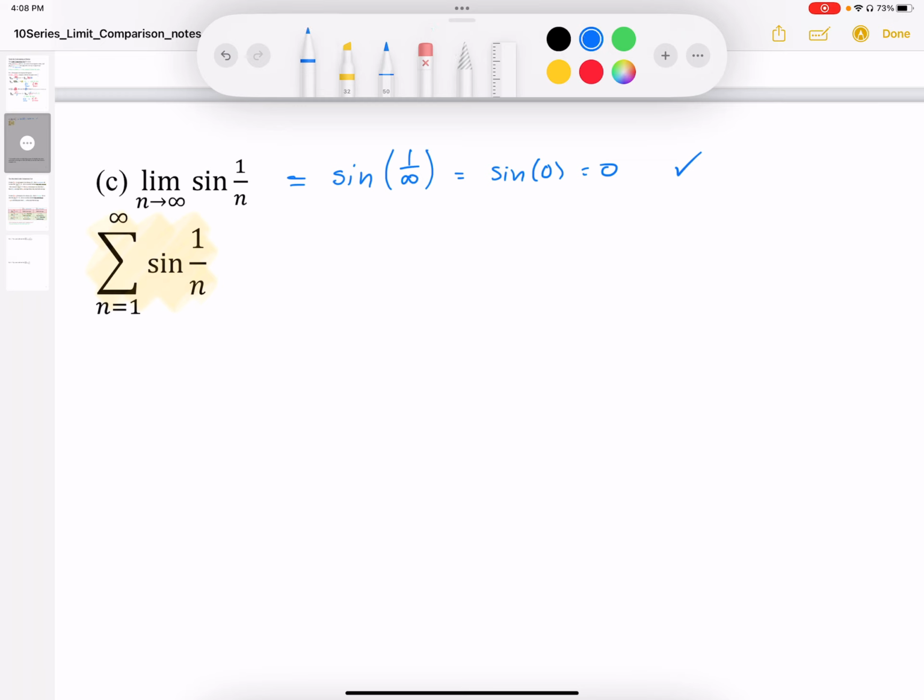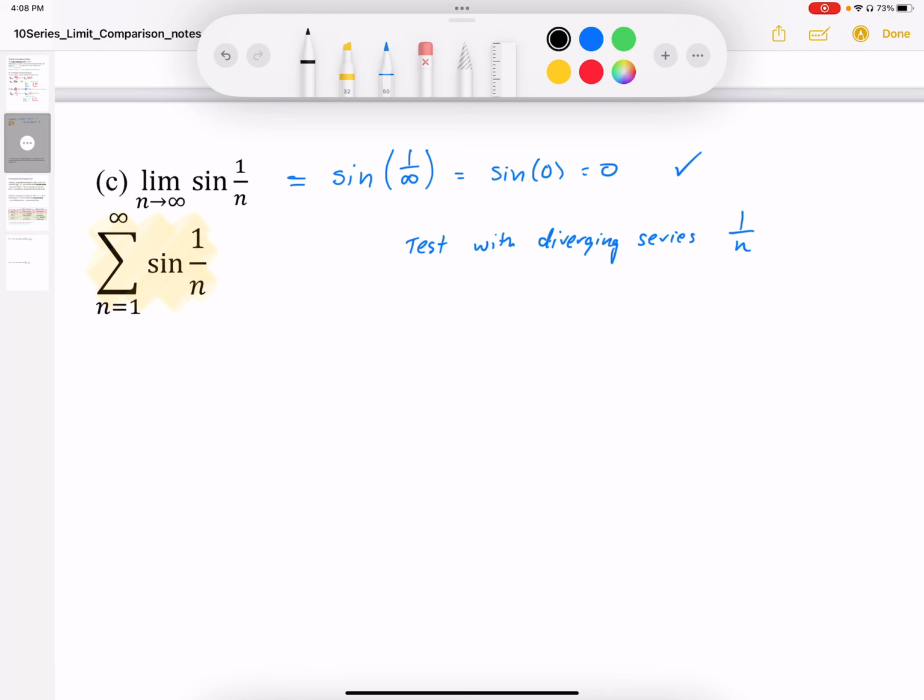So that's what I'm going to test it with, the diverging series 1 over n. The reason why I'm going to test this is because once I set it up, we'll be able to work out the limit of this fairly easily.